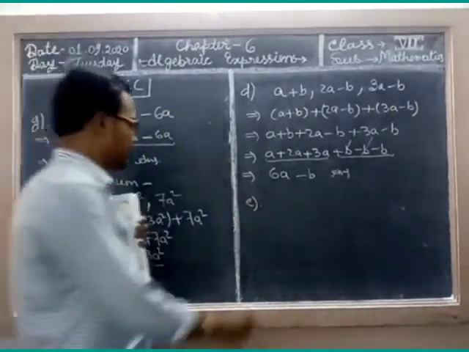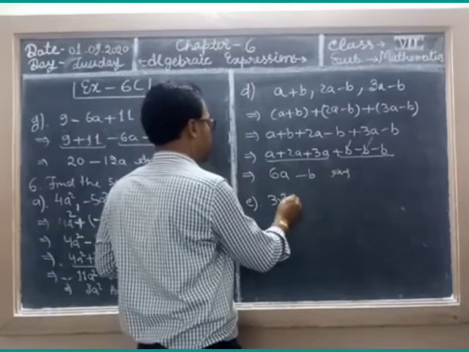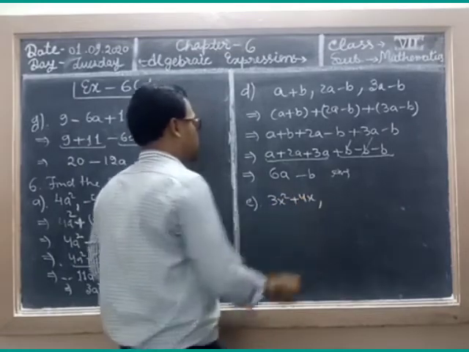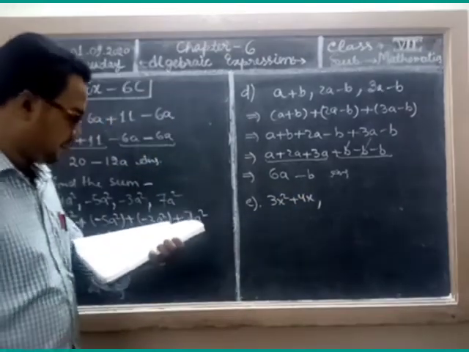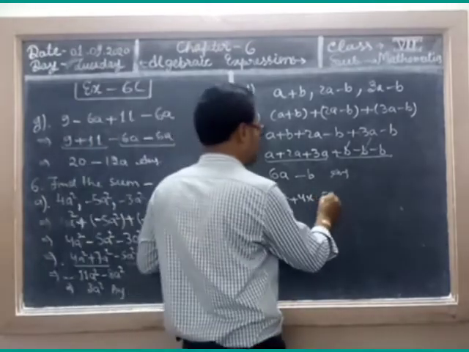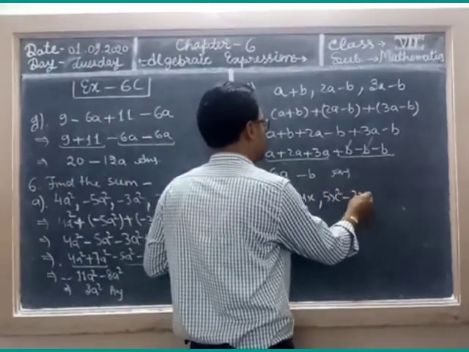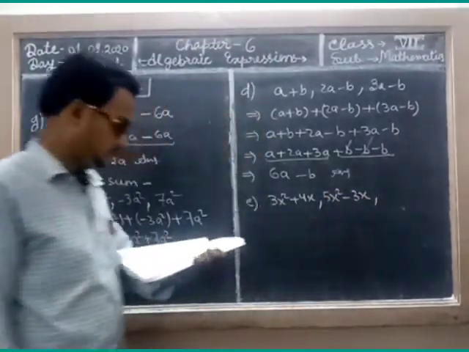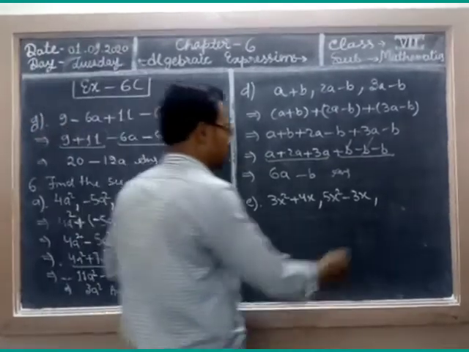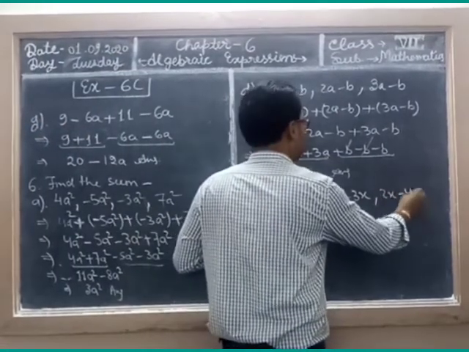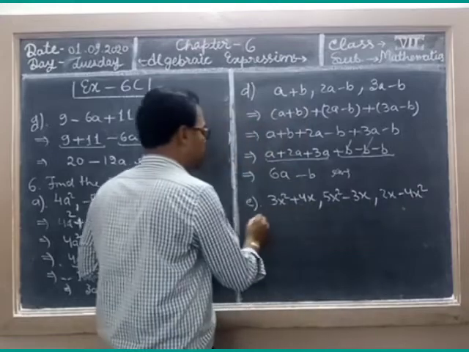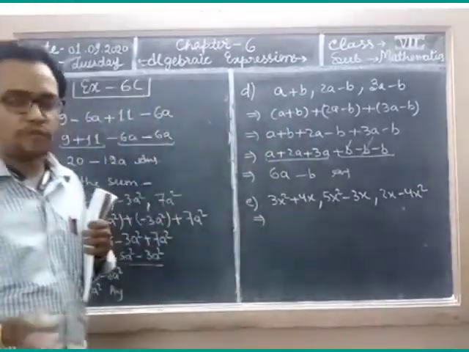Now E part. 3x square plus 4x, comma 5x square minus 3x, comma 2x minus 4x square. So initially we put plus sign in place of comma.